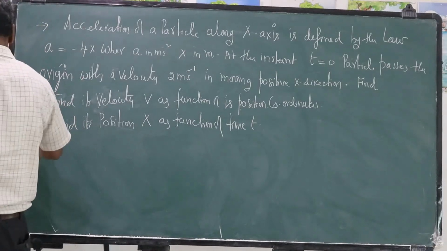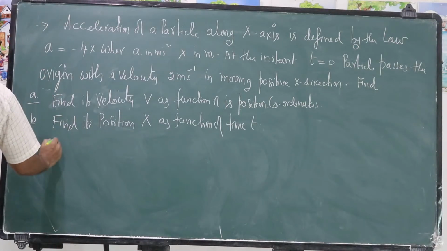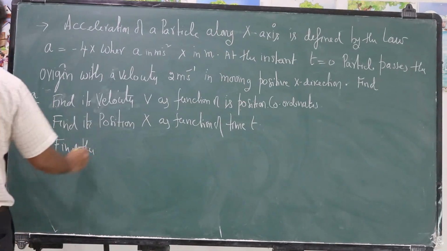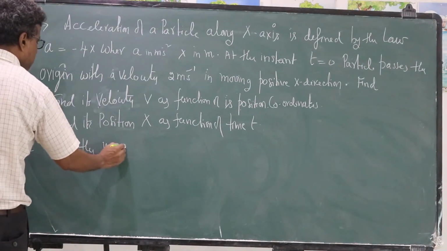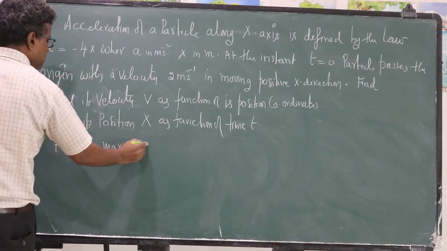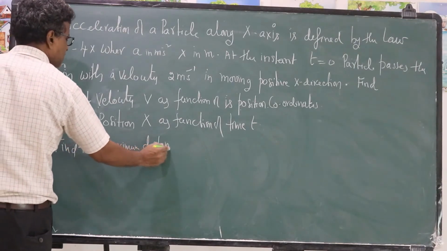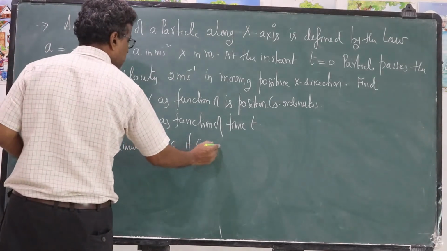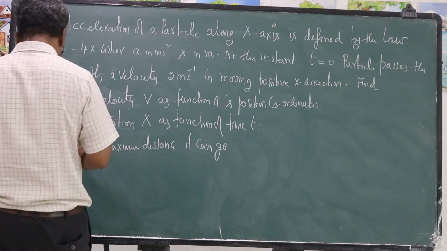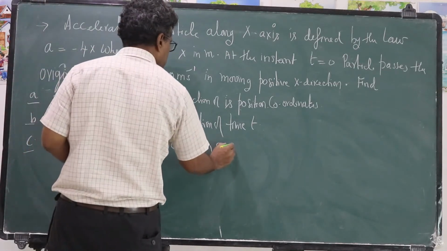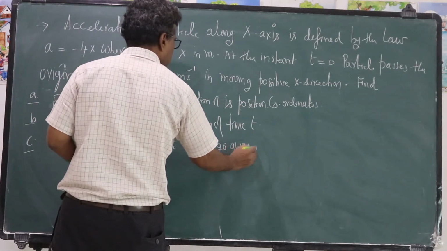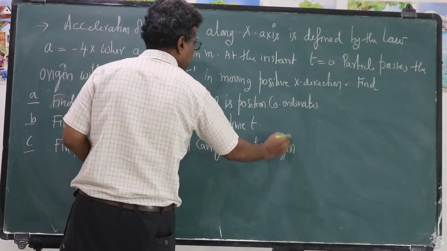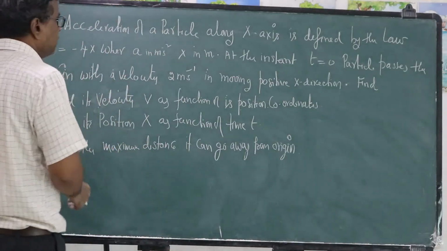C, find the maximum distance it can go away from the origin. So these are the problems we have.